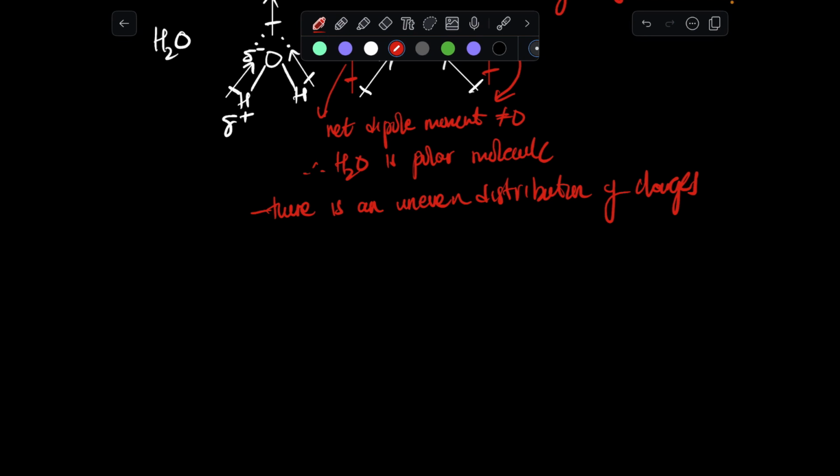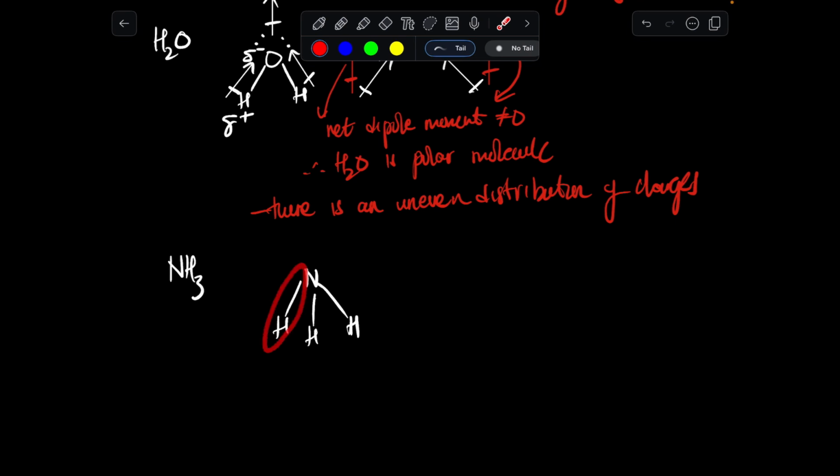Let's look at another molecule that is polar. Okay, I shouldn't spoil it and tell you it is polar. NH3. NH3, its structure is like this. We'll get to know why it's like that when we talk about the shapes of molecules. It's trigonal pyramidal, but it doesn't matter. So now when we look at the bond, this bond is equivalent to this bond and this bond. The one that is more electronegative between the hydrogen and nitrogen is nitrogen.